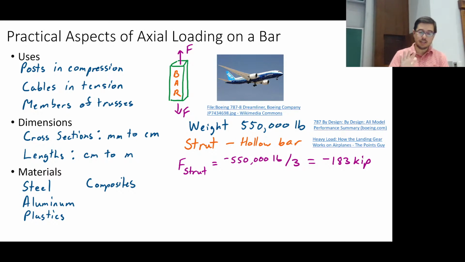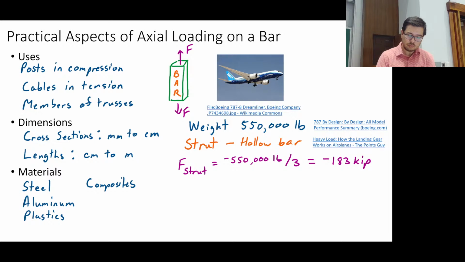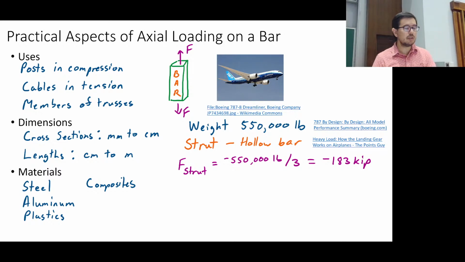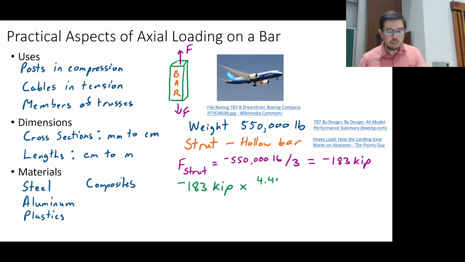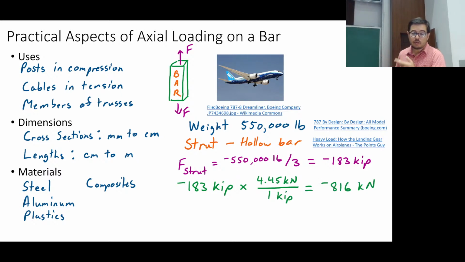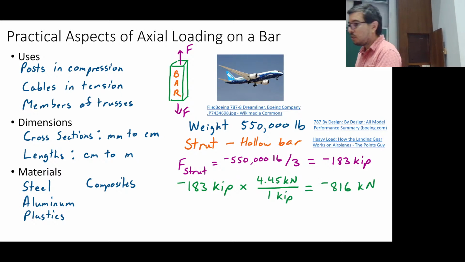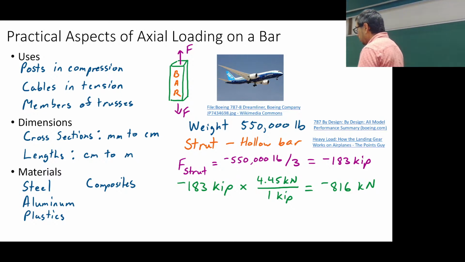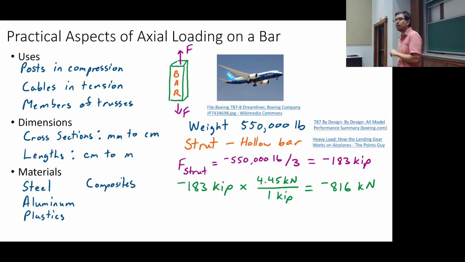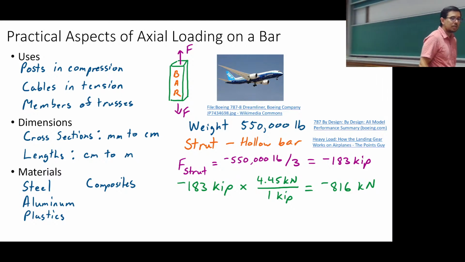The back 2 struts are supporting some of the load of the airplane as lift is still in action. We can say that each one of these struts is going to have a third of the 550,000 pounds that we had originally. And so another unit that people might use is kips.